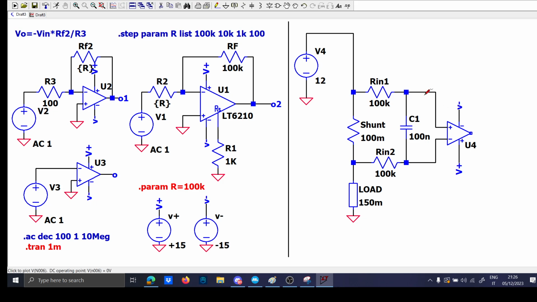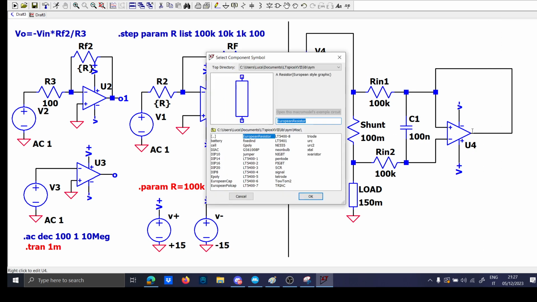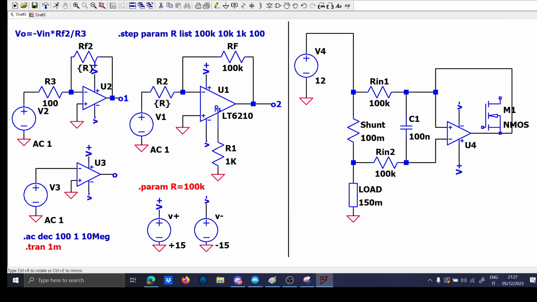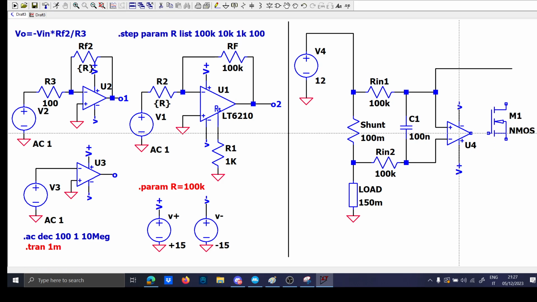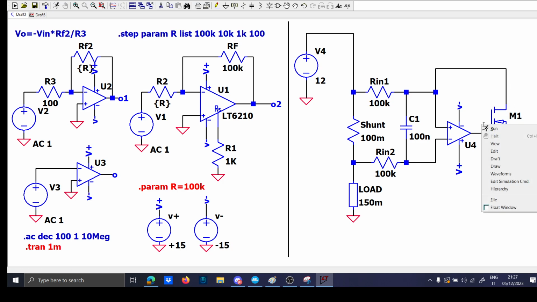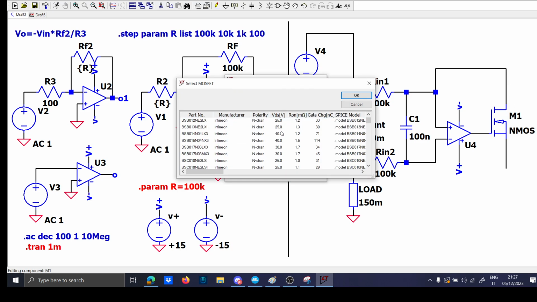Now, let us use the MOSFET. I want to use some MOSFET which is good in the gate charge and also good in the RDS on.